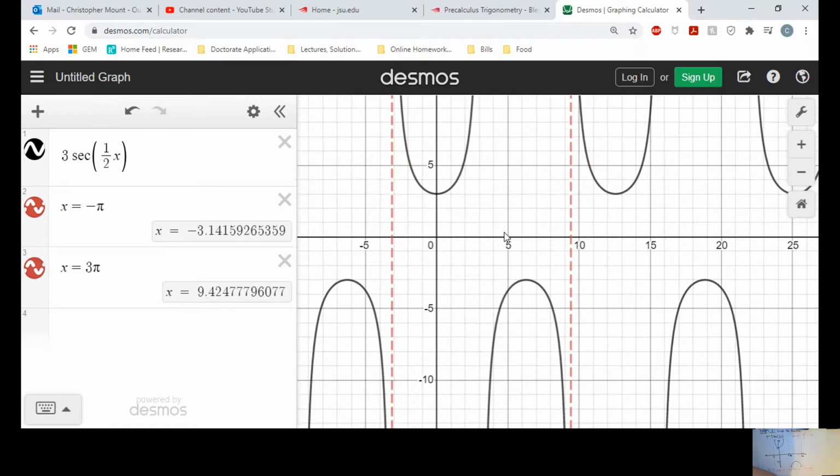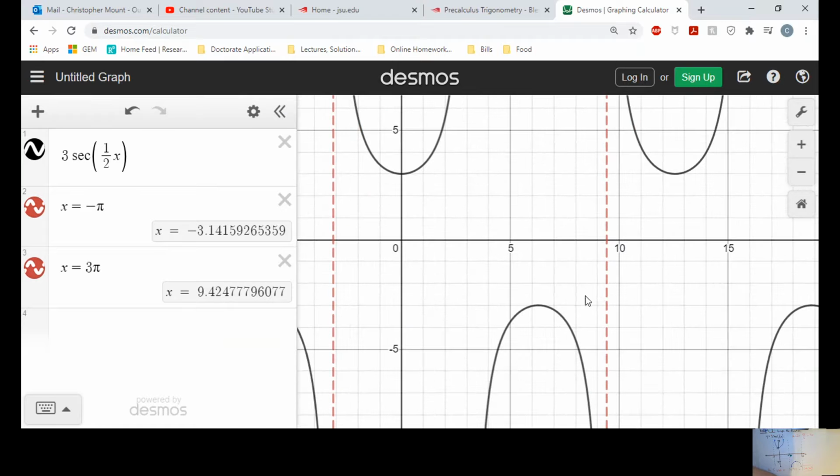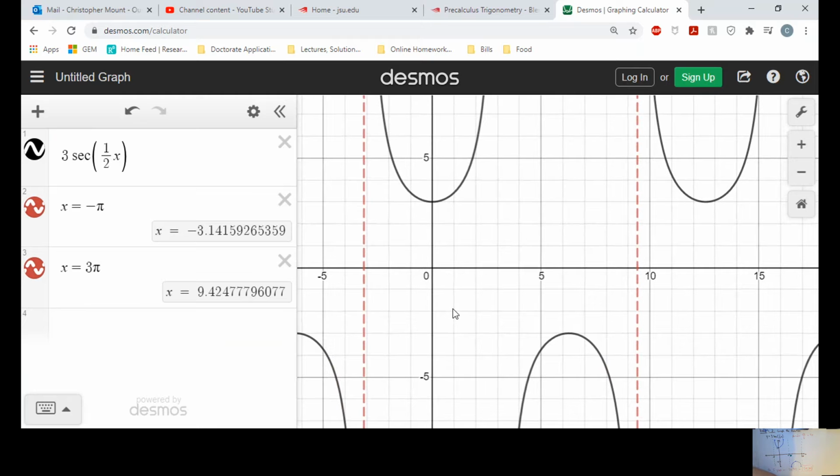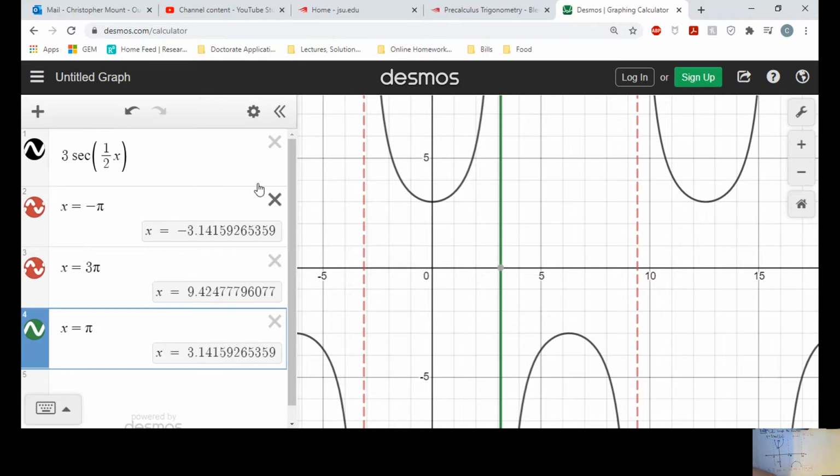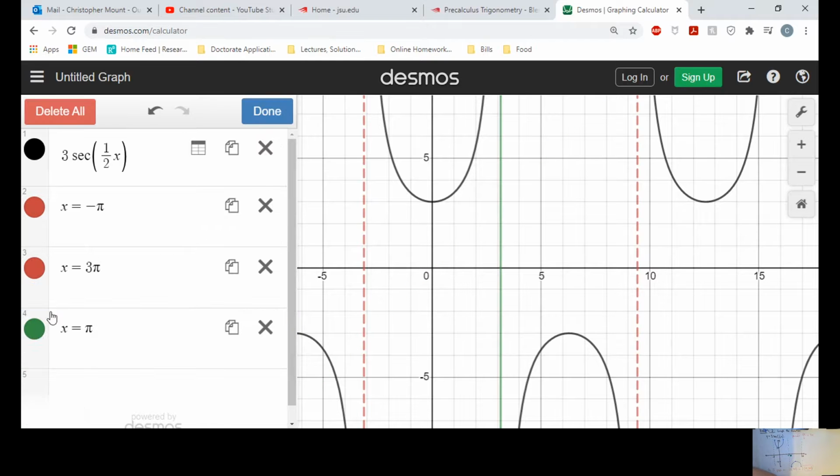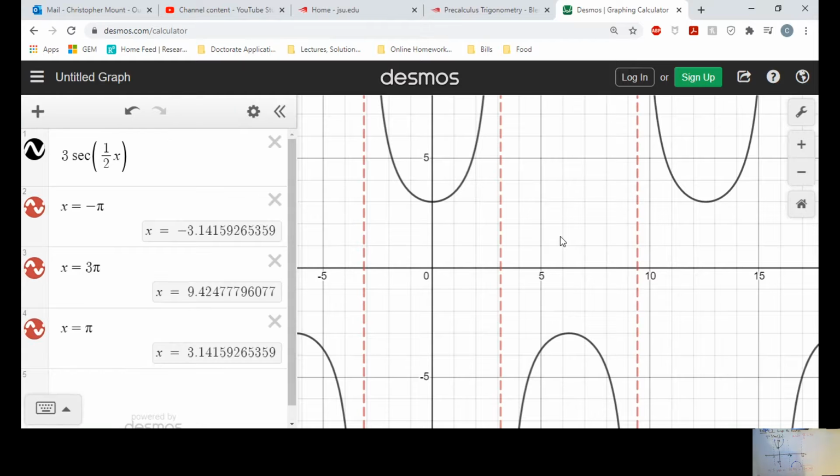There's that one period that we did from here to here. This curve, and then that central asymptote is at x equals pi. Right down the middle.